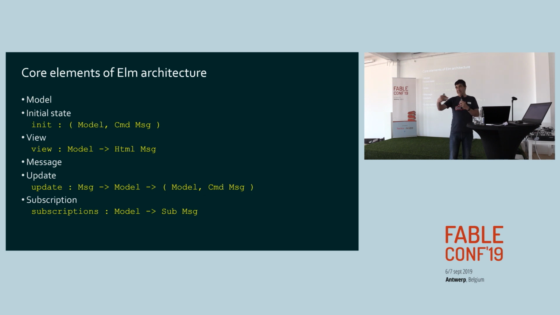Of course, you must define messages, which are the basis for your transformation. So all transformation is based on certain messages, and then you transform using update functions. Everything is basically a function to views, and also if you want to subscribe to external events, to something which is happening in the outside world, then you can also use subscriptions.